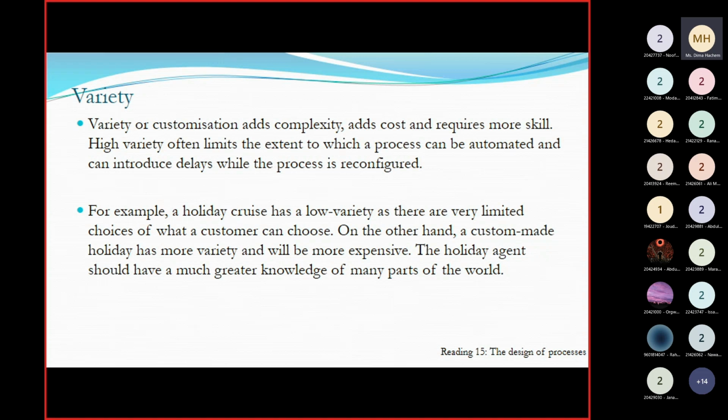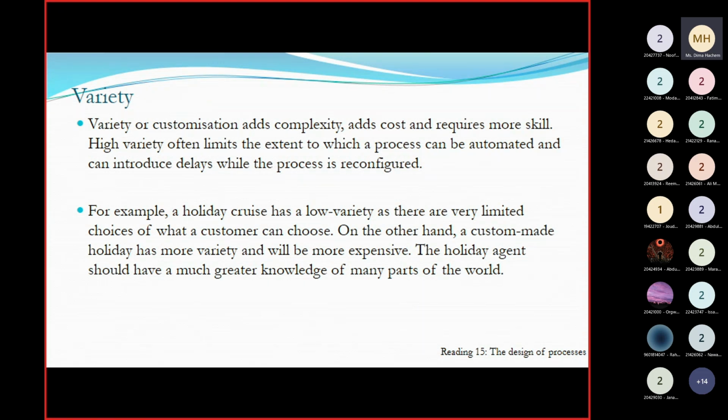The second thing we want to think of is how much variety we have. Okay, now variety means customization. So we have a variety of products. For example, on the menu we have diverse items, different items. Okay, so variety adds complexity.